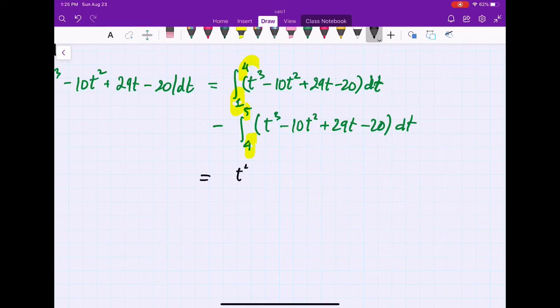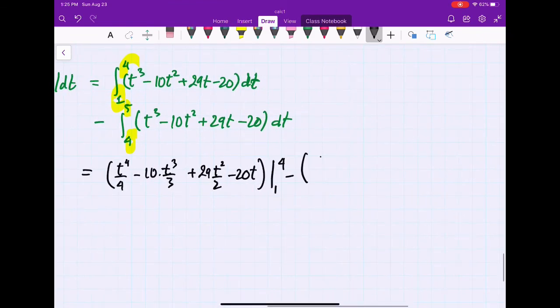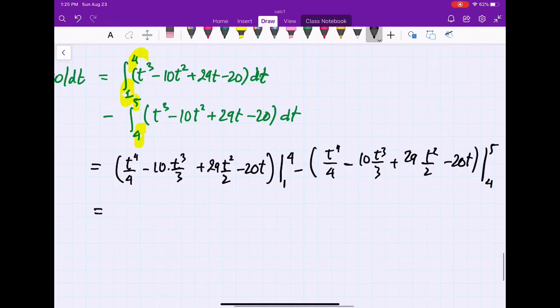So you have t to the 4 over 4 minus 10 t cubed over 3 plus 29 t squared over 2 minus 20t, evaluated from 1 to 4 and then minus, I just copy this again, t to the 4 over 4 minus 10 t cubed over 3 plus 29 t squared over 2 minus 20t, evaluated from 4 to 5. And then you plug all these numbers into the function, you get 45 over 4 minus negative 7 over 12. And that is 71 over 6.